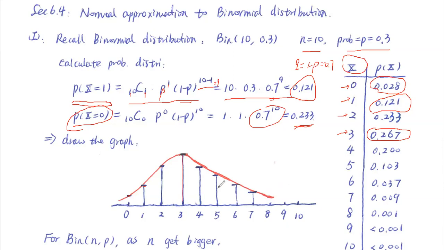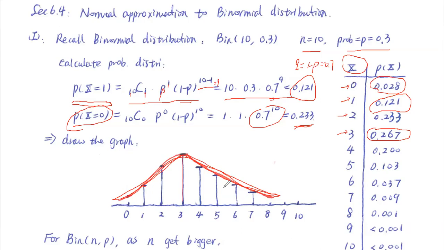Now, after I plot them, I try to connect those data points using a smooth curve, everybody. You see what's happening here? It looks like a bell curve. I mean, not exactly a bell curve, but it looks like that, right? It's getting that, okay? That's the key idea. So in other words, the binomial distribution is somehow related to the normal distribution.